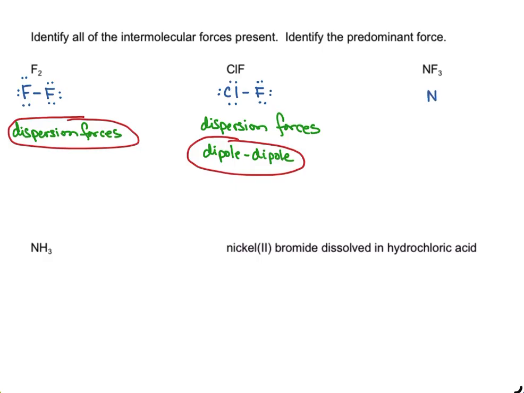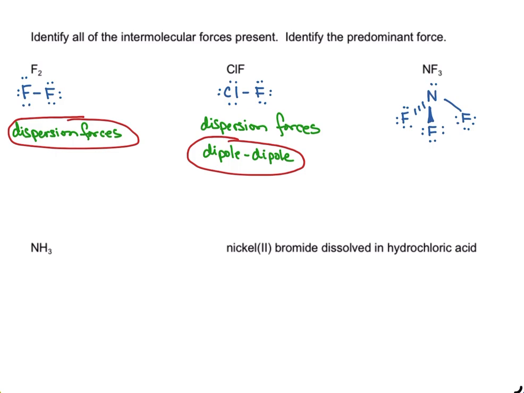NF3 has this shape. So this is a trigonal pyramidal, and this shape means that it has polarity. So this is a polar molecule.